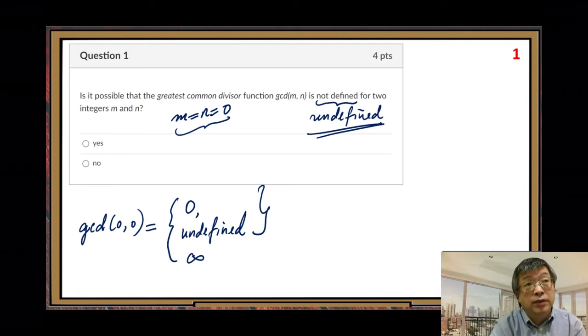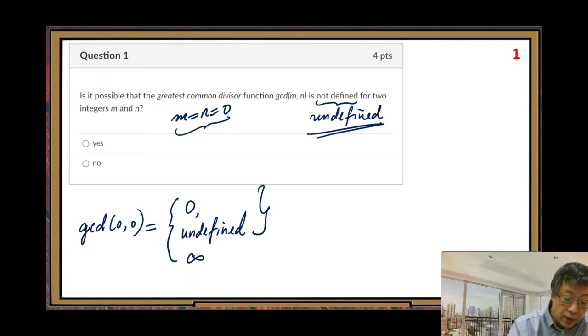You need to use your knowledge, what you have learned in our class, to find out which one is correct and which one is incorrect. Let us look at that question.